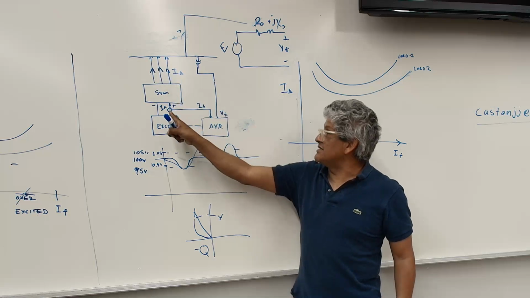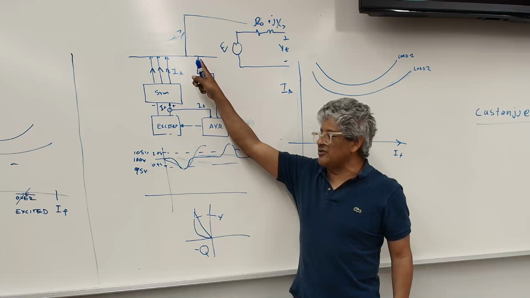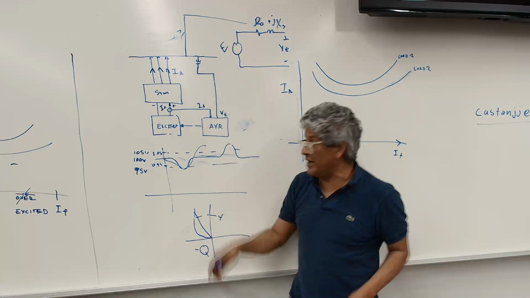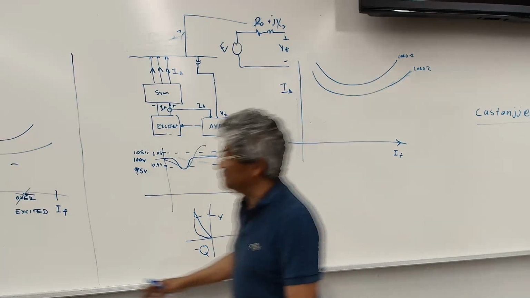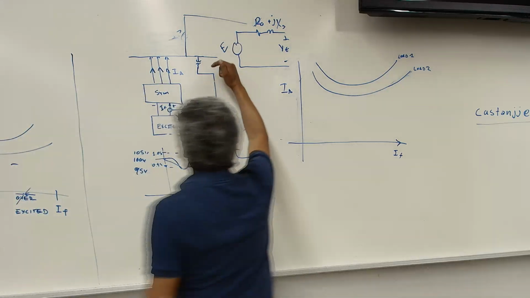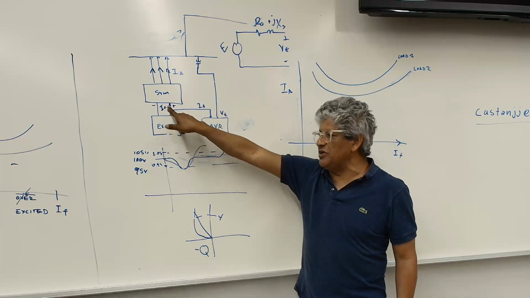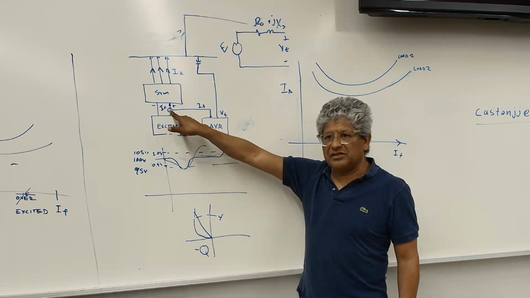Basically, it measures the field current and the terminal voltage of your system, if you have a big power system, and monitors that. Whatever voltage you told it to maintain, it maintains by injecting or absorbing vars depending on where you want it to be. So it's a closed loop control, measuring the voltage and telling the excitation to either inject or absorb vars.